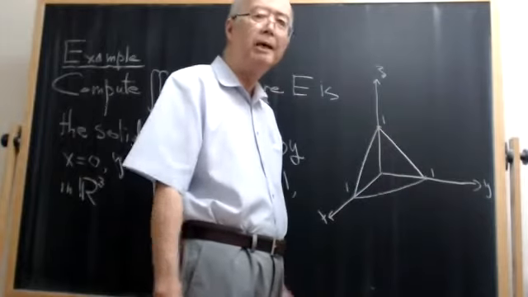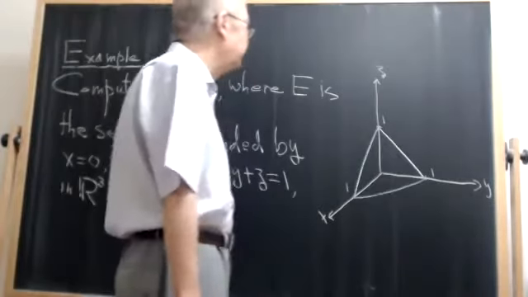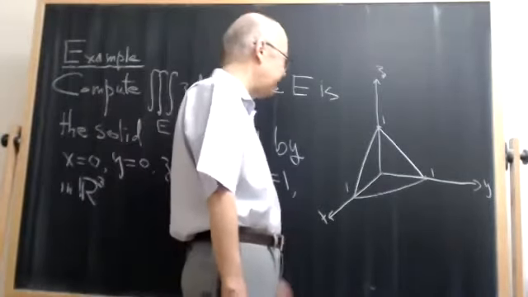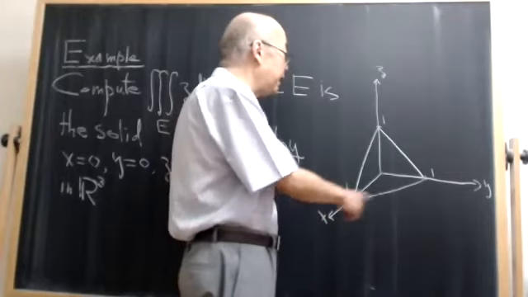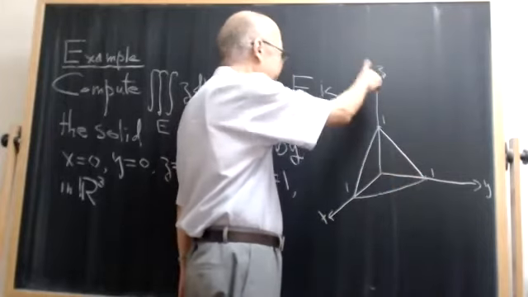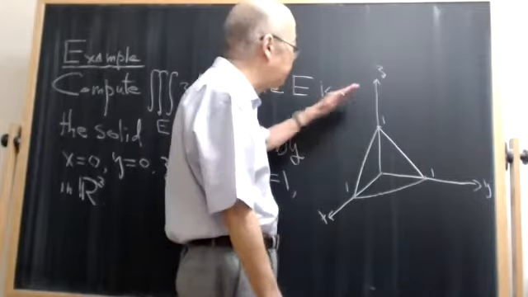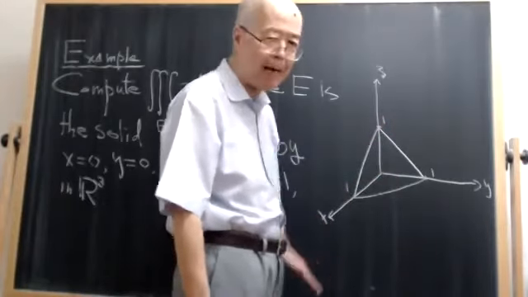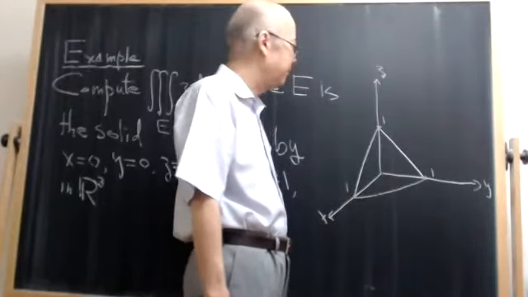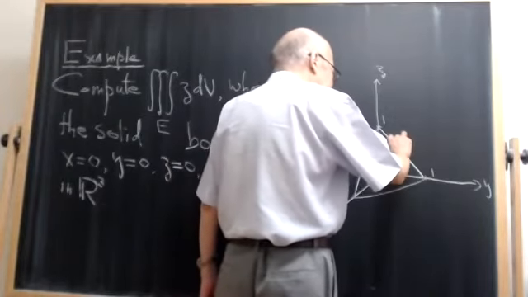And the slope is also -1. So we have a solid bounded by the xy plane, the yz plane, and the xz plane, together with this triangular plane. That's the solid E.